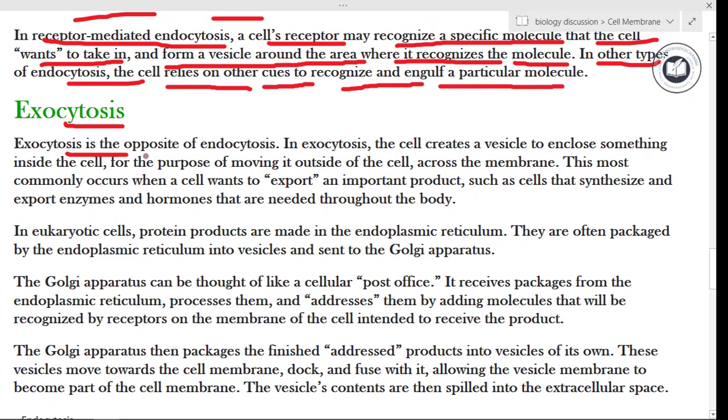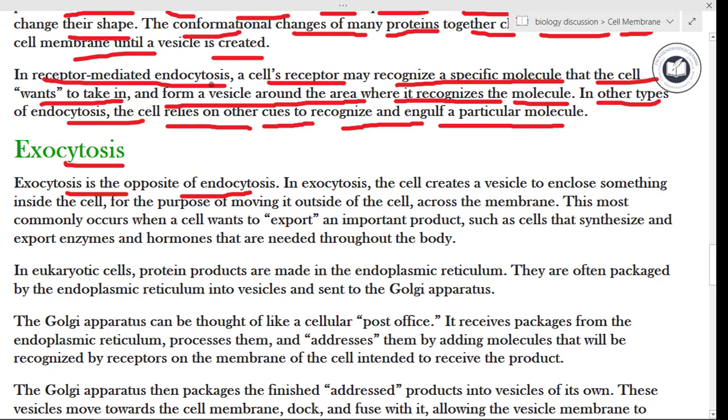Exocytosis. Exocytosis is the opposite of endocytosis. Earlier we saw endocytosis; now we will learn about exocytosis.